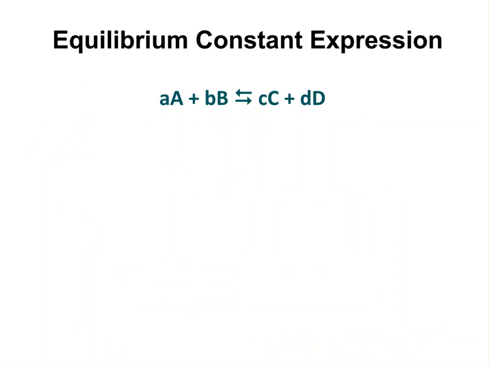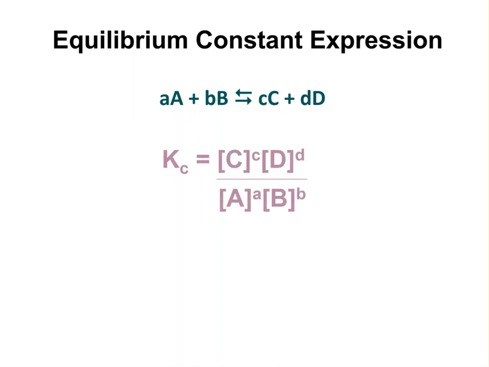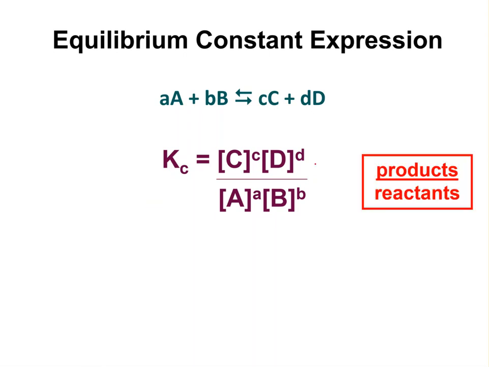So if I have just a generic reaction here, I can make a constant. This constant is a number that represents this reaction and where its equilibrium position is. It's products over reactants. Notice that what I've done is I've taken the coefficient and turned it into an exponent.